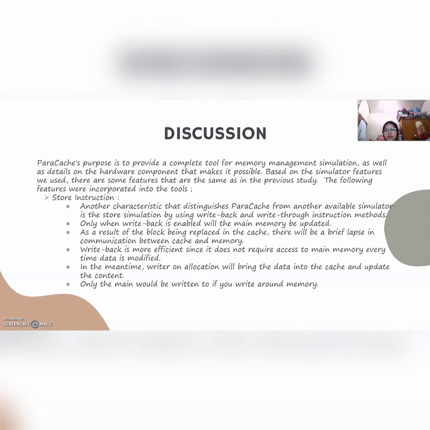Write-back is more efficient since it does not require access to main memory every time data is modified. Meanwhile, write allocate will bring the data into the cache and update the content. With write around, only the main memory would be written to.